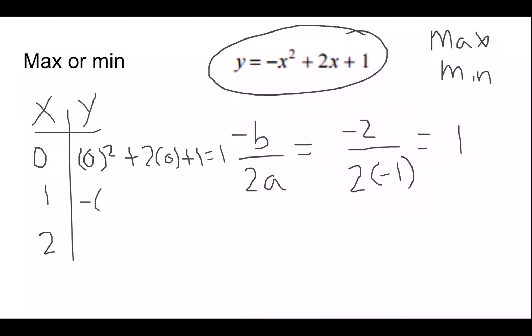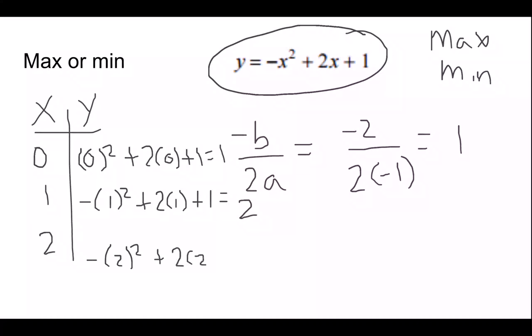I'm going to have negative 1 squared plus 2 times 1 plus 1. That is going to give me 2. Then we're going to do the same thing with 2. So I'll have negative 2 squared plus 2 times 2 plus 1. And that's just going to give me 1.